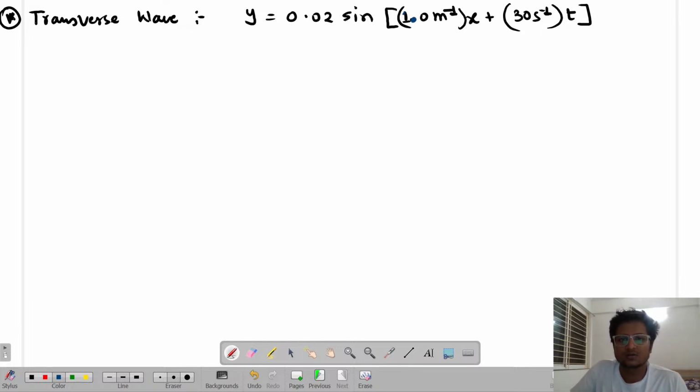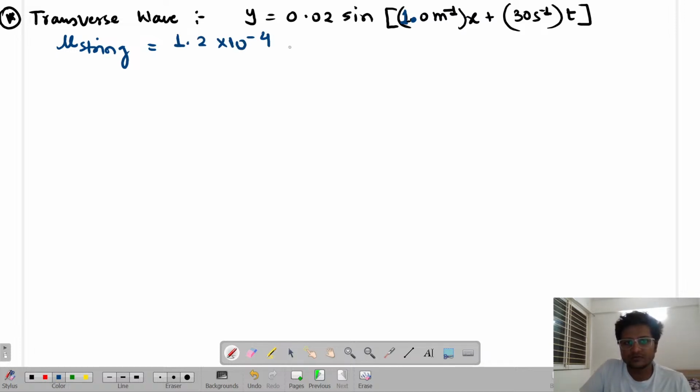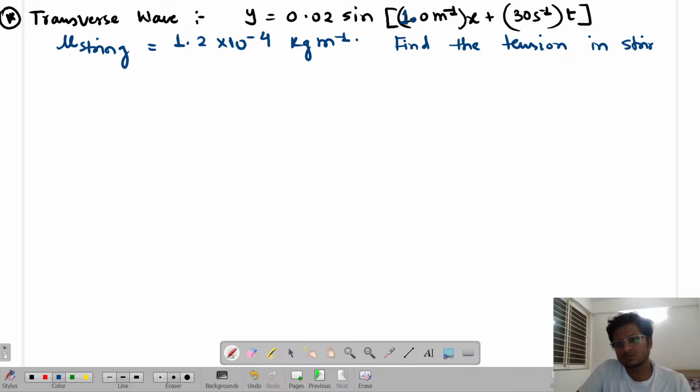This is the transverse wave equation which is traveling on a stretched string, where the mass per unit length of the string is given as 1.2 into 10 to the power of minus 4 kg per meter. Then the question is: find the tension in the string.